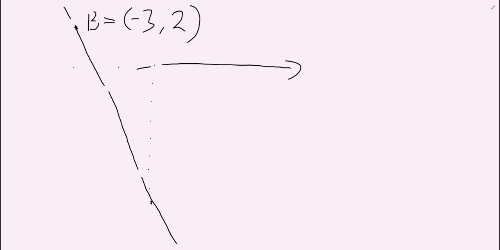We have this point here, let's call it B2, and it equals 1, minus 8. And so let's make this vector first.